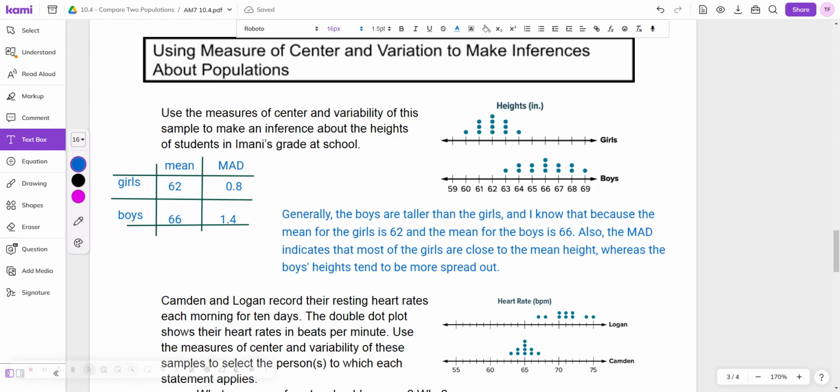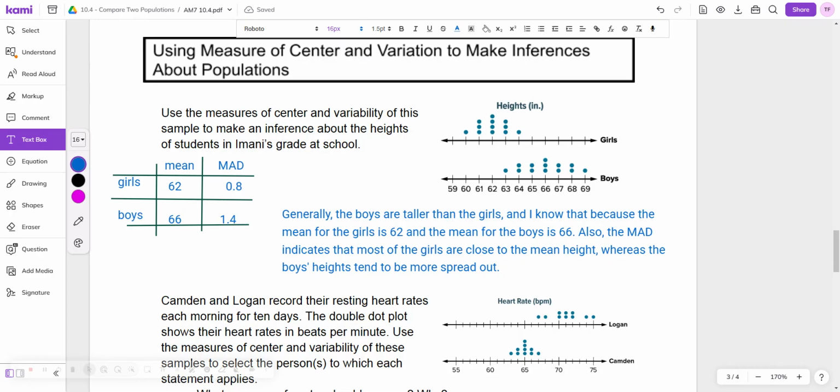Just to cut to the chase, I created a little table, and obviously I'm not going to show you the math for finding the mean and the MAD. For the girls, I found the mean was 62 inches and the mean absolute deviation is 8 tenths, and for the boys the mean is 66 inches and the mean absolute deviation is 1.4.